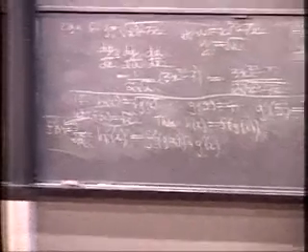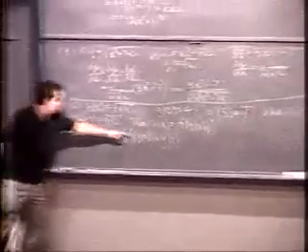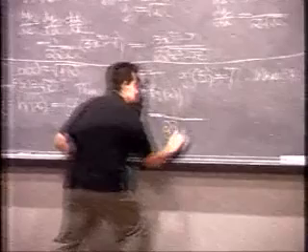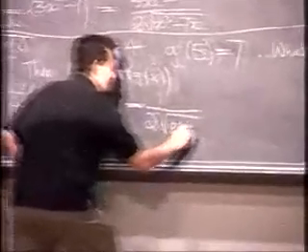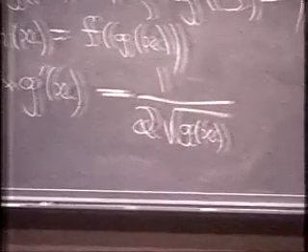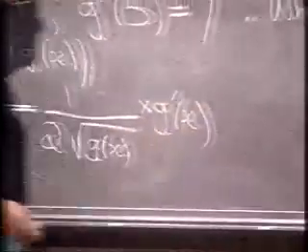When I deal with f prime of g of x, I have to take this formula, but instead of x, I have to put g of x. So you get 1 over 2 square root g of x. That's f prime of g of x. And I need to multiply by g prime of x.